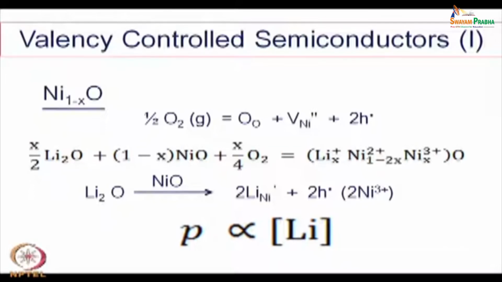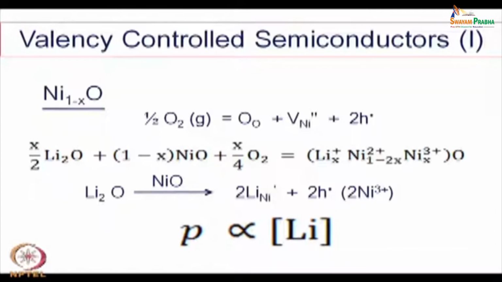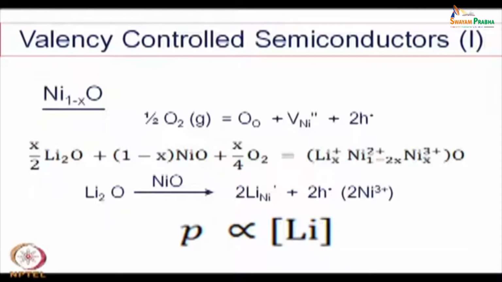In oxides also, one can add certain other oxides as impurities and make the conductivity constant. It can be independent of PO2, even independent of temperature, and this is what we call the valency controlled semiconductor.